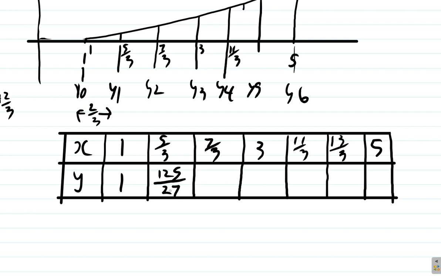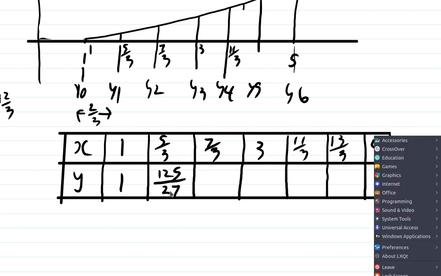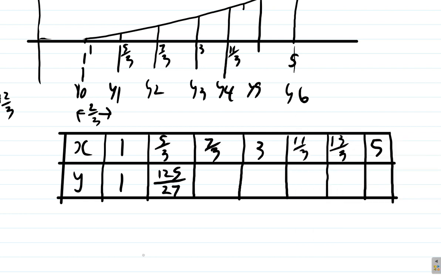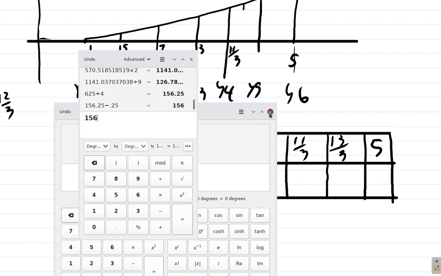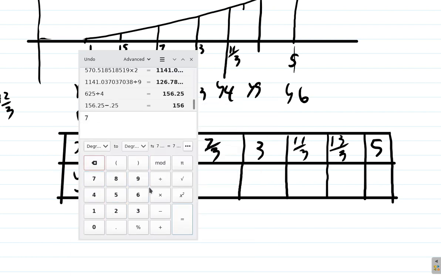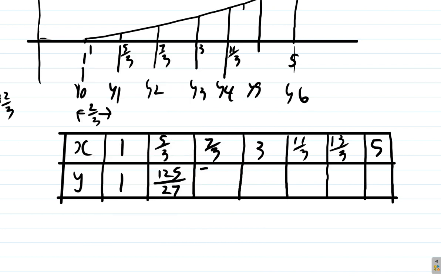Then we have 7/3 cubed. It's 7 cubed over 3 cubed. It would be something over 27. But 7 by 7 by 7 gives us 343. So it's 343 over 27. 3 cubed is just 27.